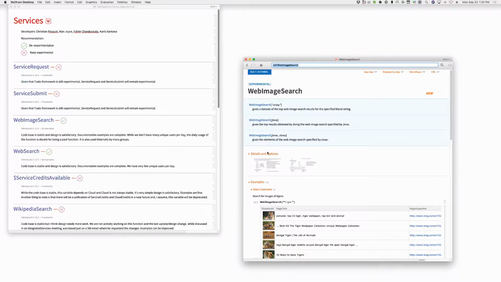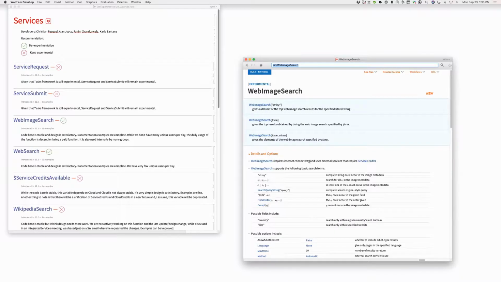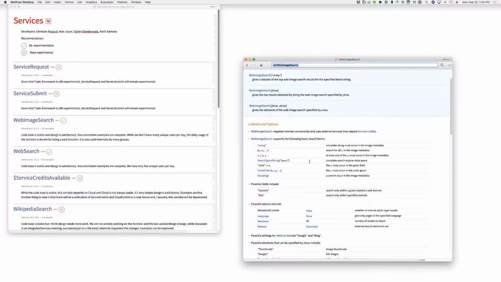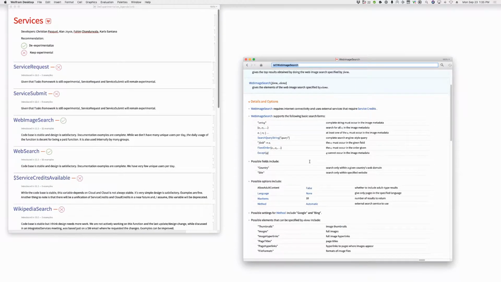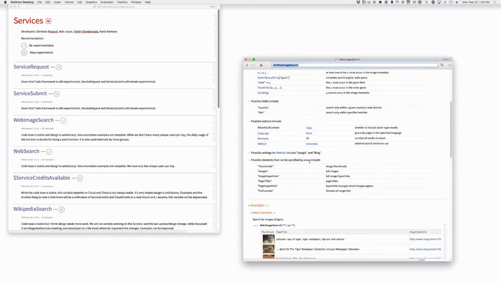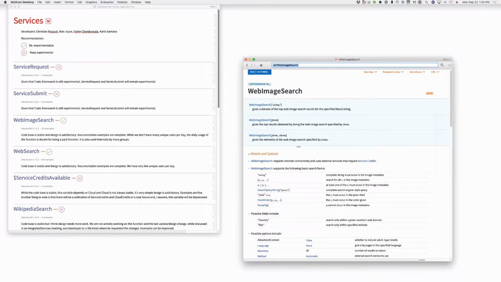Okay, I think this design is okay. I think it doesn't need to be experimental. The only concern, yeah, okay, and we have our various mechanisms for other people's terms of use and for service credit to flow through. That's all working smoothly. Is that correct?